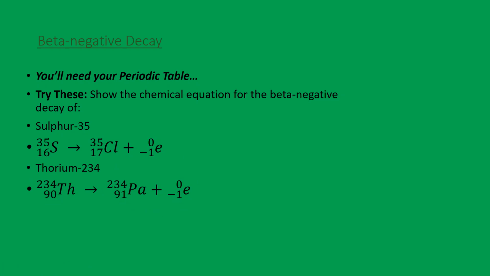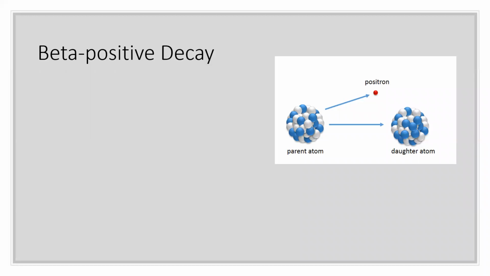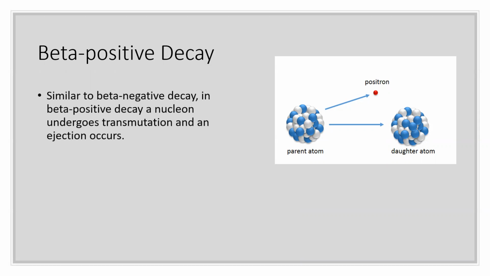You can probably guess that beta positive decay is going to be similar. In beta positive decay, we're going to yeet a positron from the nucleus. Similar to beta negative decay, a nucleon is undergoing transmutation and an ejection occurs.